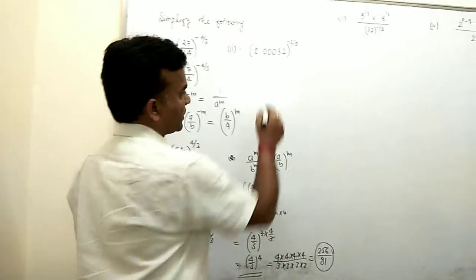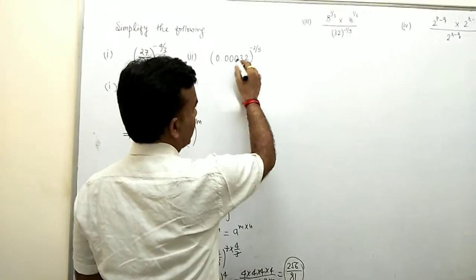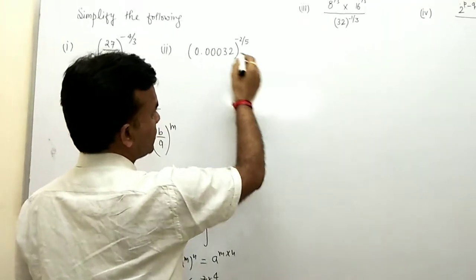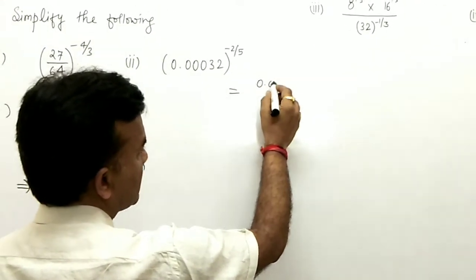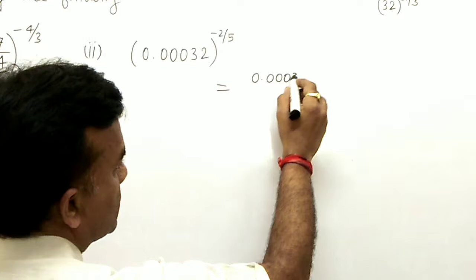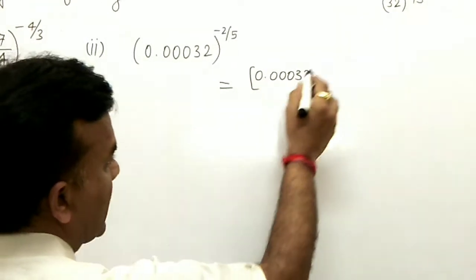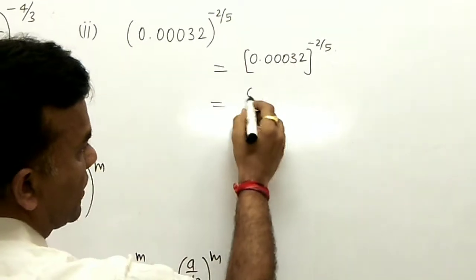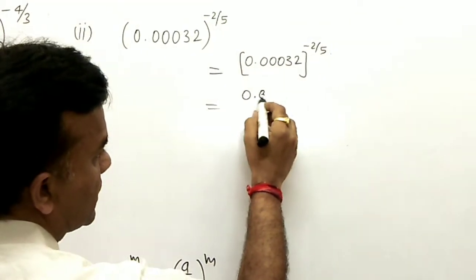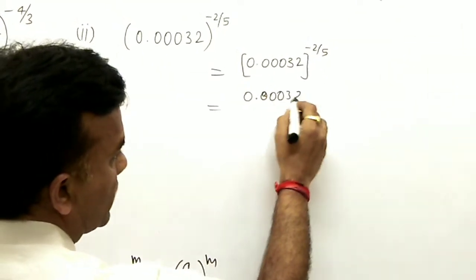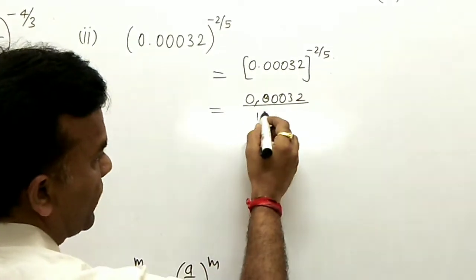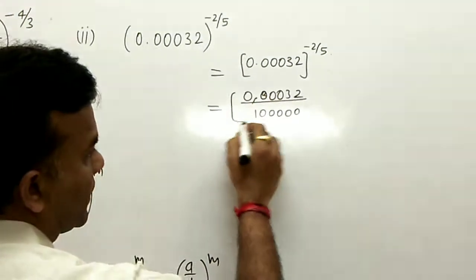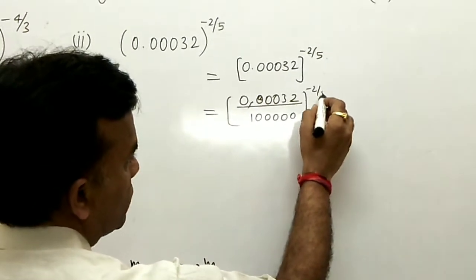In the same way, you now try this one, where again you have the negative power. So first you convert, because here a decimal number is given. So first here we remove the decimal sign, and then we change the negative to positive. So here we write down 0.00032 as 32 upon 1 followed by 5 zeros, and the power is minus 2 by 5.